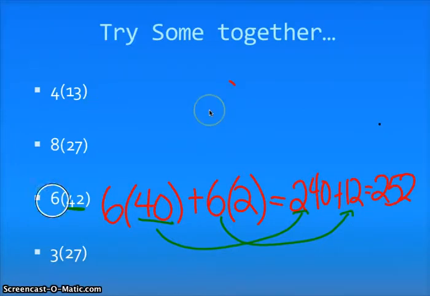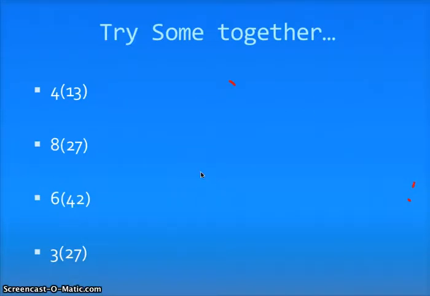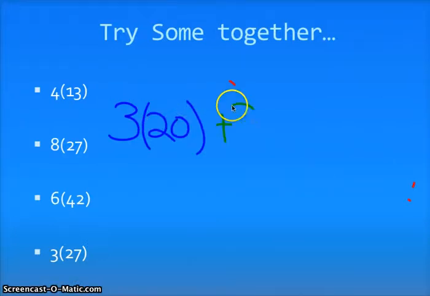Now for the last one, we have 3 times 27. I'll do 3 times 27 in the middle of the screen. So we have 3 times 20 plus 3 times 7.